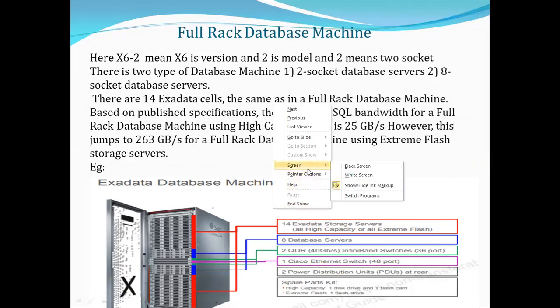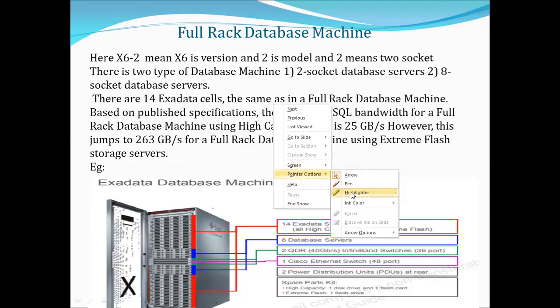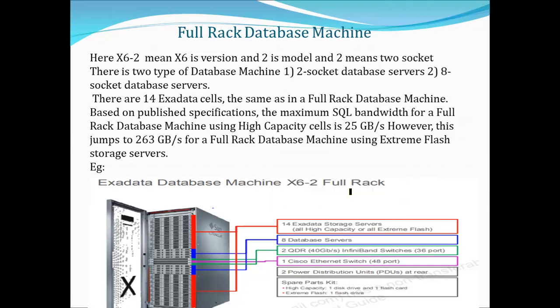So in the Exadata full rack, you can see these are the components, and these are the placements of the storage servers. In the full rack, there are 14 Exadata storage servers, which are placed here and here, and 8 database servers, which you can see here and here.